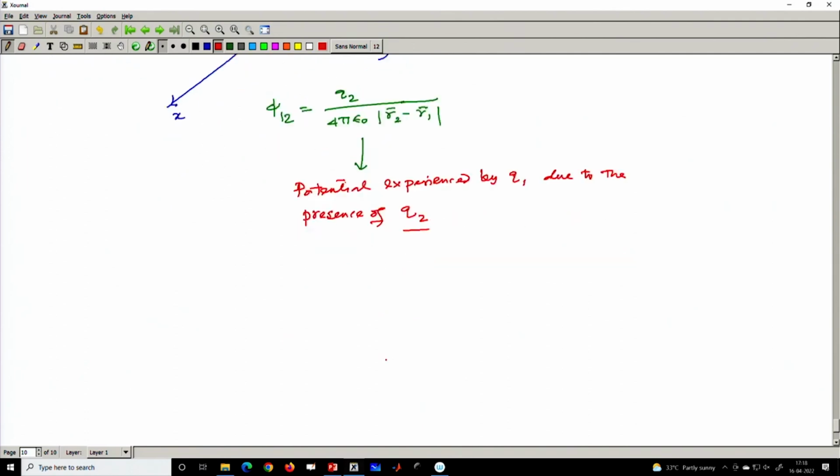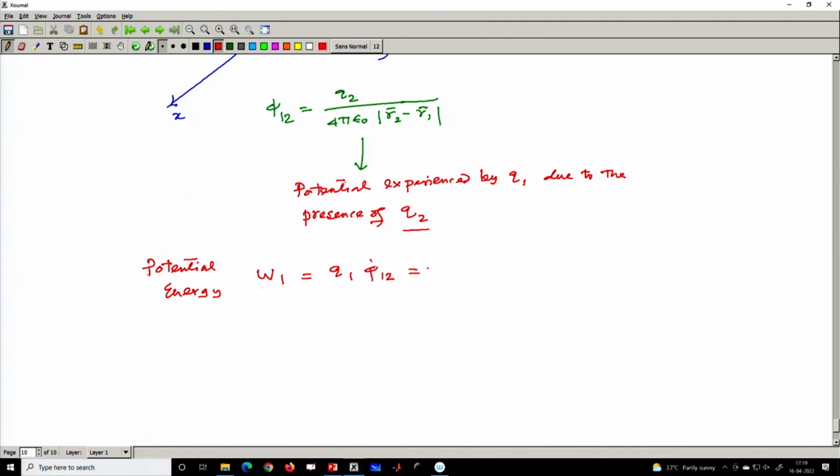So, the potential energy W1 should be q1 multiplied by phi 12.